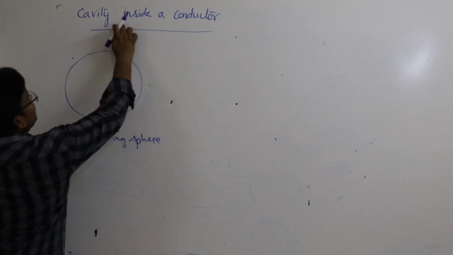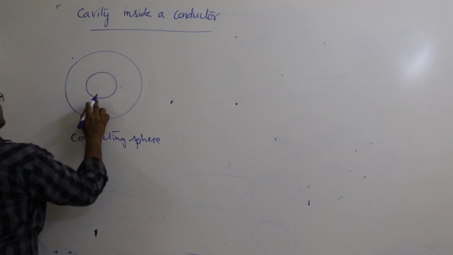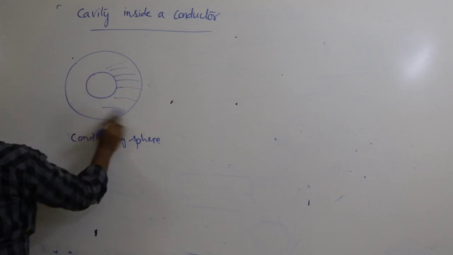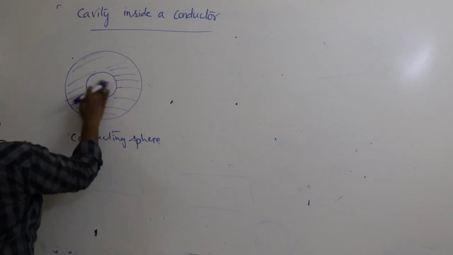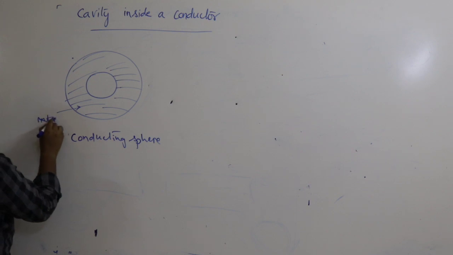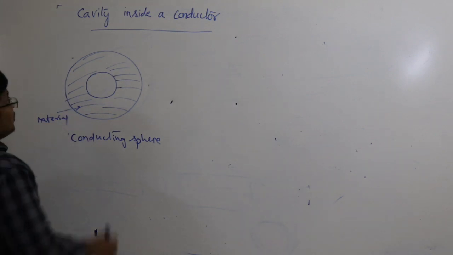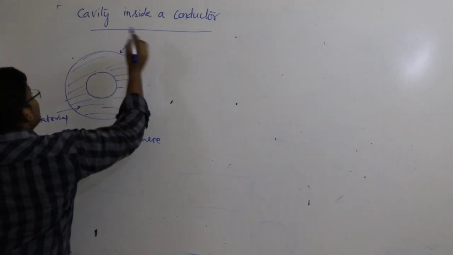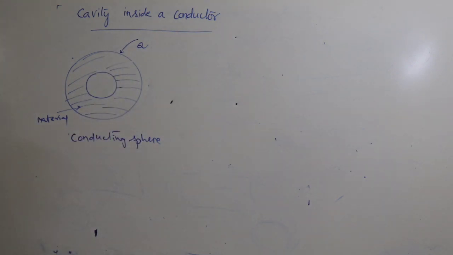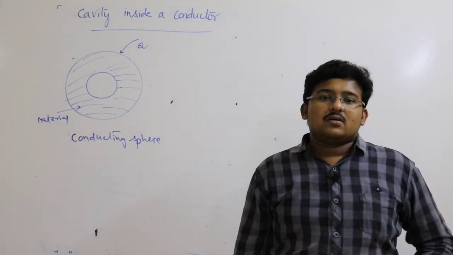In that sphere, this is a conducting sphere. As I told you, this is a cavity inside a conductor, means I am keeping a hole here and this is a material. Here nothing is there. Now this is a material volume, means it is a metal, a conductor. Now if I give any charge capital Q to the conductor, will it go inside?